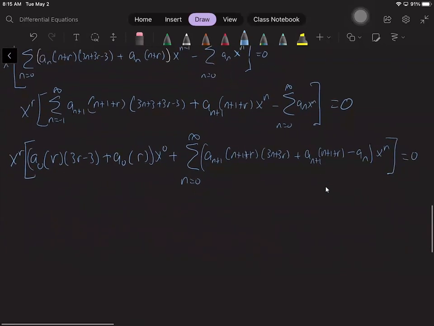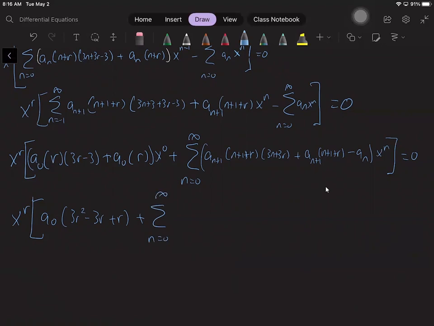So just simplifying a little bit to clean it up. So that becomes a_0, I guess I could factor out the a_0, and then it becomes 3r squared minus 3r plus r. X to the 0 is 1. And then over here, I also want to factor out n plus 1 plus r from the first two terms.